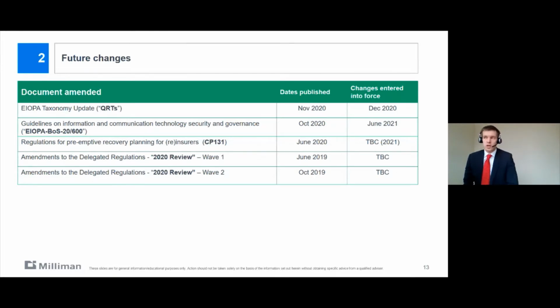To that end, they issued a consultation paper earlier this year, and the consultation is now closed. But all the noises from the CBI is that they will bring this into force during 2021. So we'll keep a watching brief on that. And we also will keep a watching brief as to whether that falls within this Solvency II world and way of thinking, and therefore would be captured within the tool.